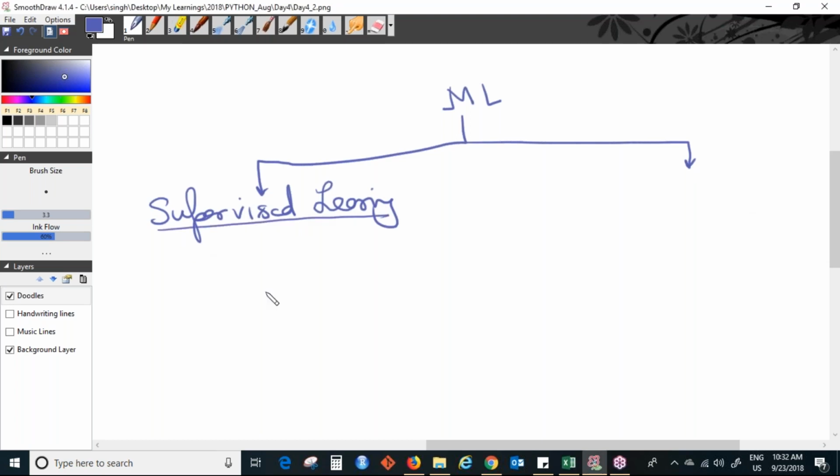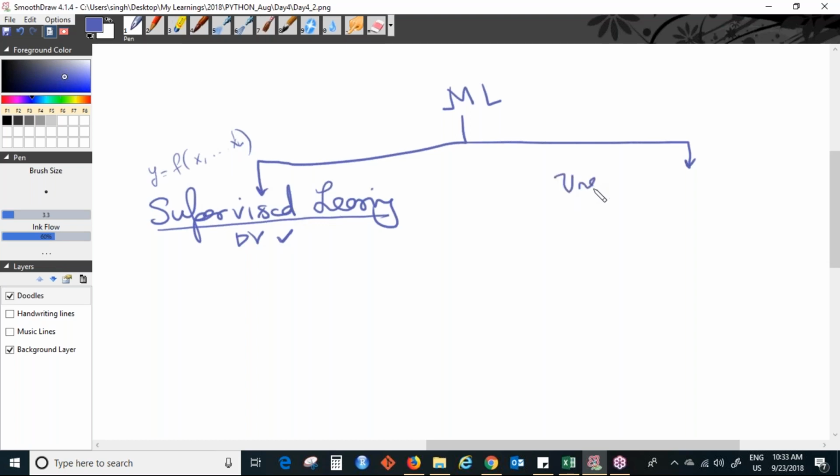Supervised learning is the case that I referred to. Here you have a dependent variable. Whatever example I just gave you, that is supervised learning. That is not all of machine learning. That is one specific part of machine learning, which is called supervised learning, which always has a dependent variable. So this is where you will see y is equal to f of something.